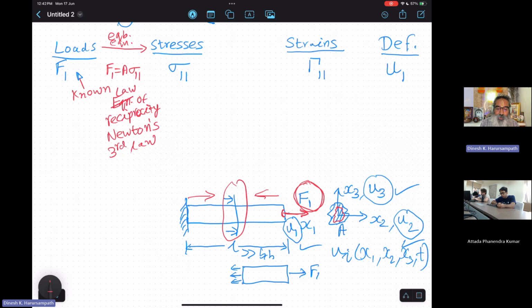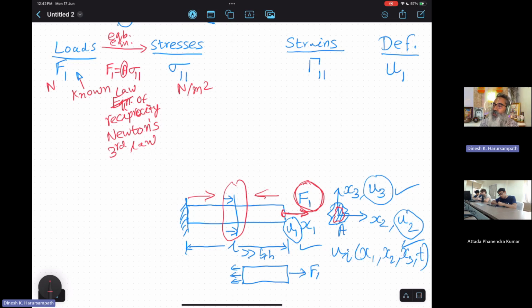So truly speaking, I should just say F1 equal to sigma 1,1. But in this case, I'm talking of two different kinds of quantities. One is a force, which has the unit newtons. The other is a stress, which has the units Newton per meter squared. So they are dimensionally different quantities. Because we are dealing with dimensionally different quantities over here, that's why the A comes in. Actually speaking, A is a geometric factor. Area of a cross section is something related to the geometry of the cross section, right?